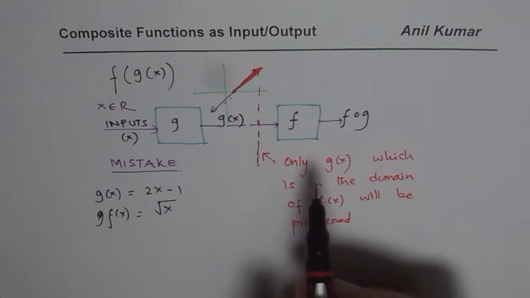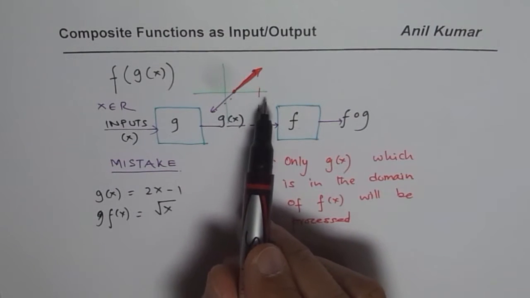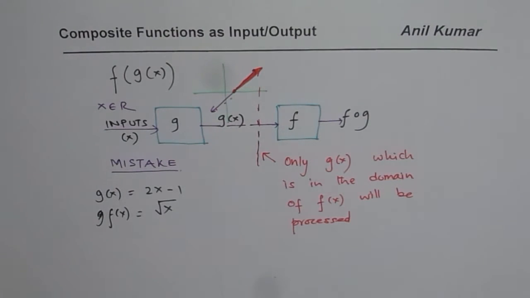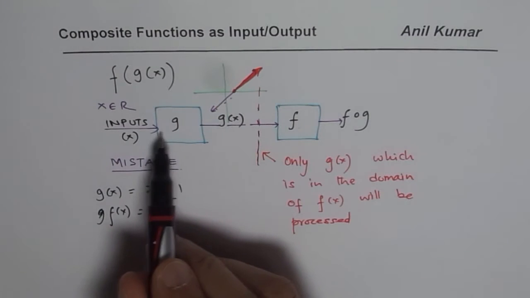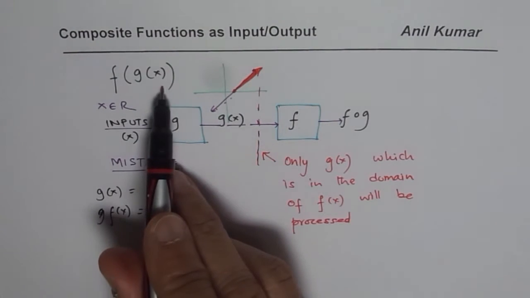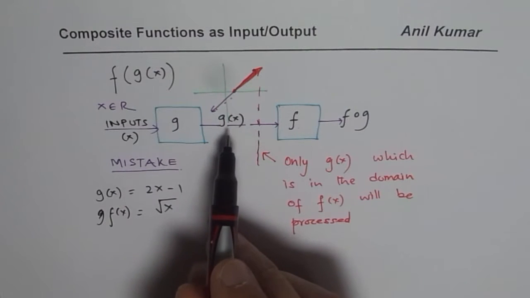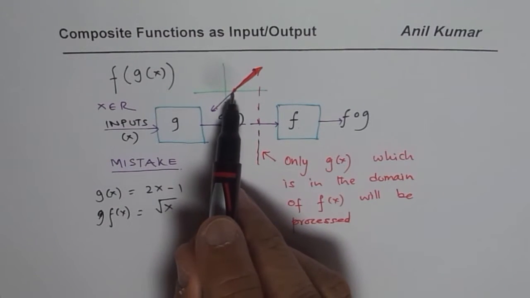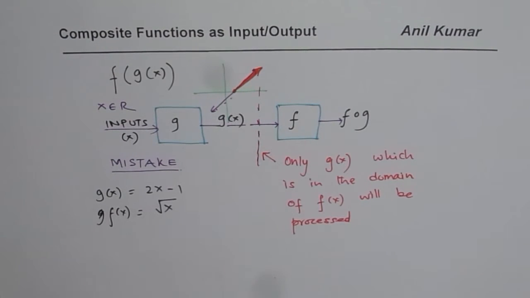And therefore we have to incorporate this particular definition and understanding in our input-output diagram, right? So all the valid inputs of g of x will form the domain of f of g of x. And out of that domain, we have to exclude those which will result, in this particular case, in negative values. Do you get the point?